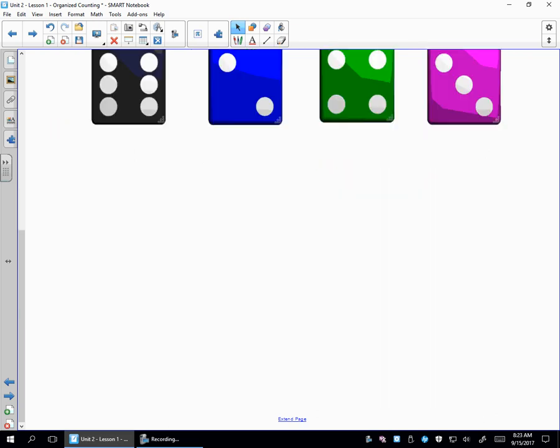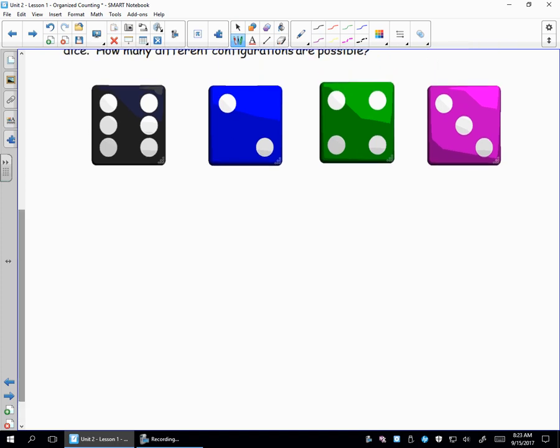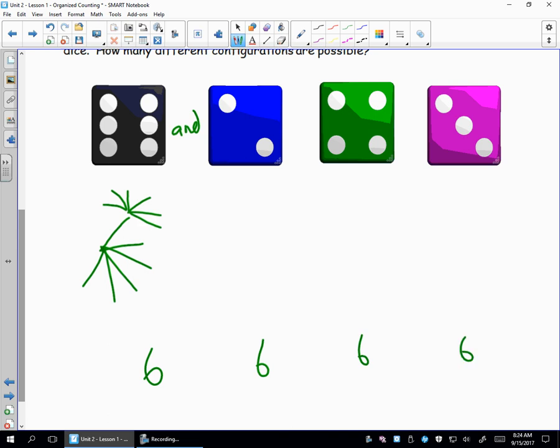So what are the stages to this problem? Well, I've got to roll the first die. How many different ways can I do that? It could be a 1, a 2, a 3, a 4, a 5, or a 6. There's 6 combinations. And I've got to roll the blue die. Again, there's 6 combinations. So off of this, there would be 6 more. And the next one's also 6, and the next one's also 6.